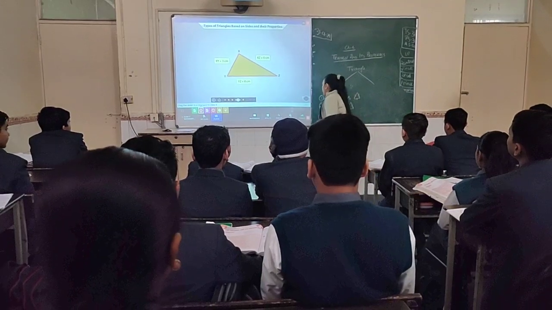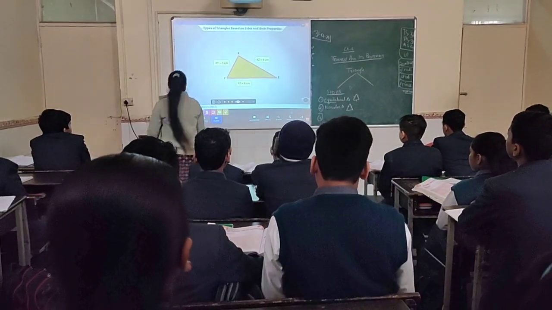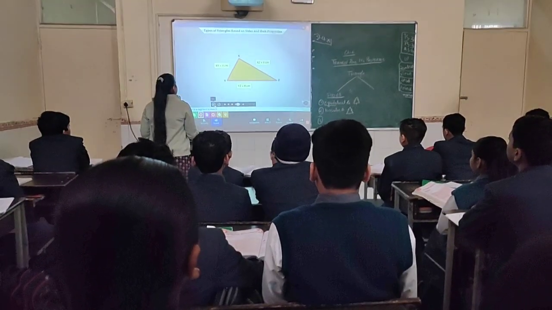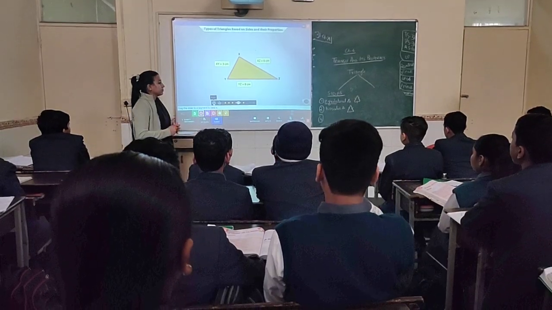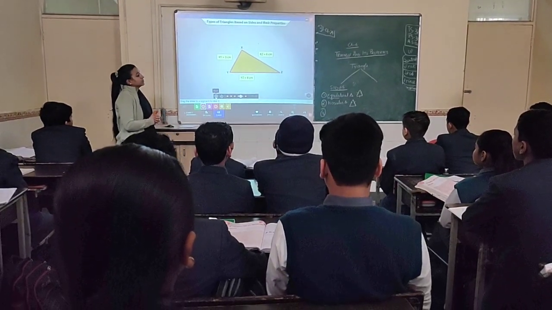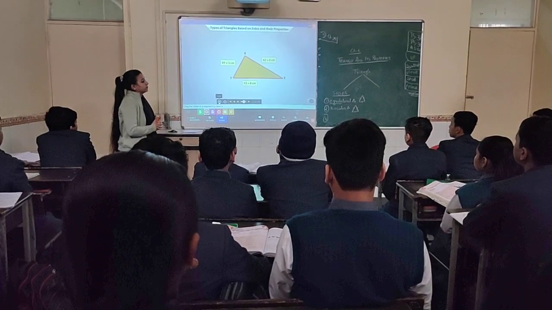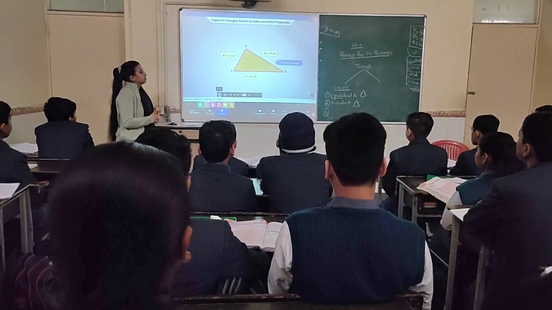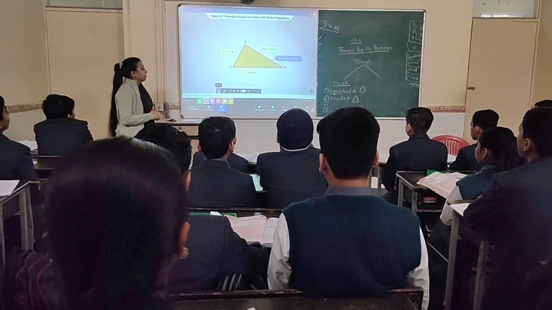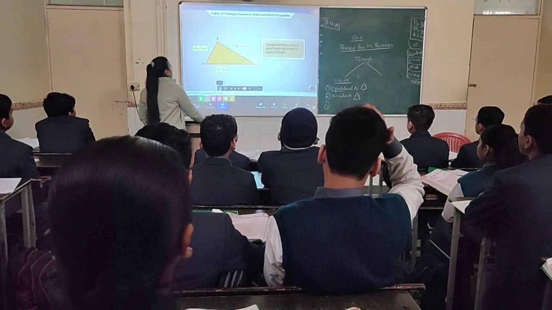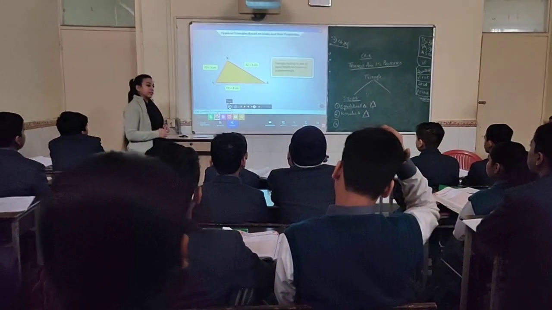Now, the third triangle on the basis of sides. We can see that none of its sides is equal to the other. Such triangles are called scalene triangles. अब जब हमारी कोई भी साइड एक दूसरे की इक्वल नहीं है तो क्या बोलते हैं?